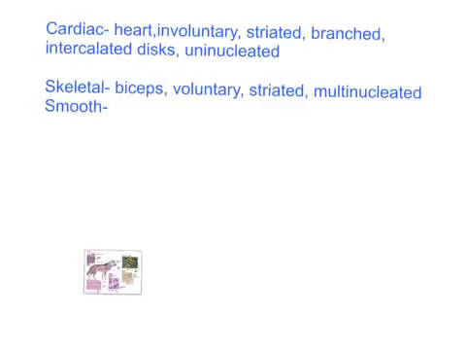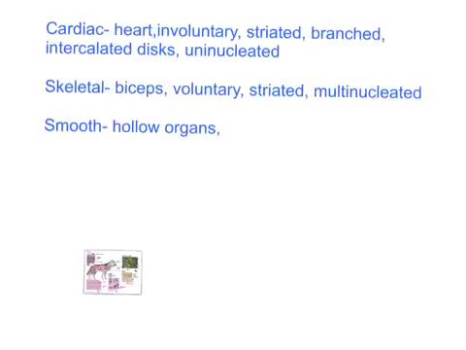Questions on skeletal muscle or cardiac muscle? All right, finally we come to smooth muscle. Where is smooth muscle found? The stomach. So really they're found in what we call hollow organs. That includes the stomach, digestive system, the urinary system, in the ureters.